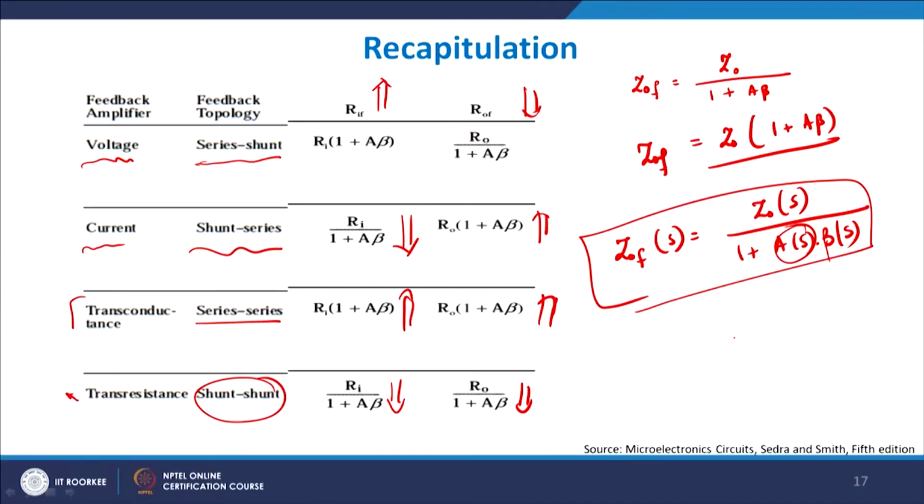That is the reason this is a safe way to work out the values of ZOF and ZIF, and you can get those values in a detailed manner here. If you remember, what we did was apply Kirchhoff's first order law to get the values of the impedances here.